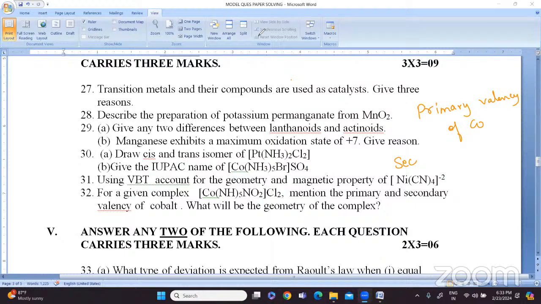What do you mean by secondary valency? Try to answer the difference between primary and secondary valency.